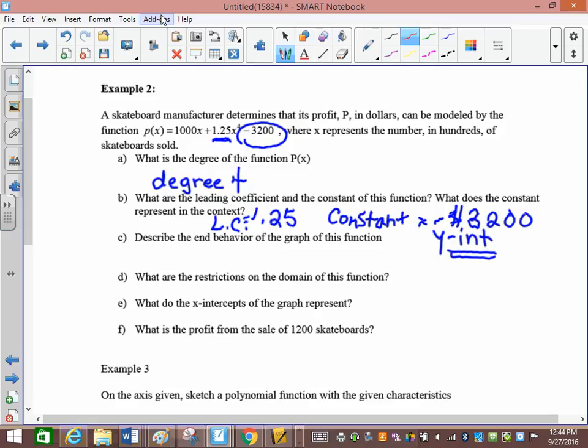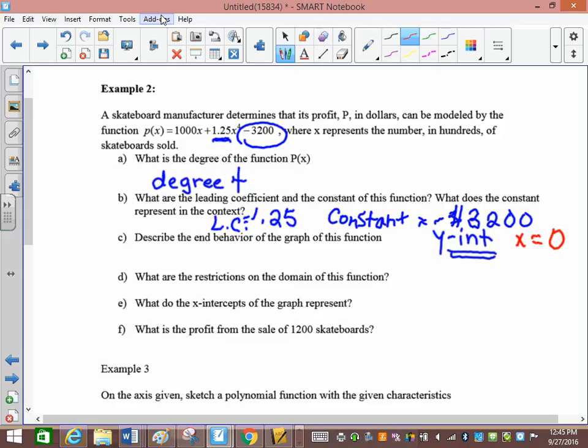What does that mean? Exactly. So your y-intercept is when x equals 0, correct? And x in this case is number of skateboards. So if you sell no skateboards, you're basically in the hole $3,200. Okay?